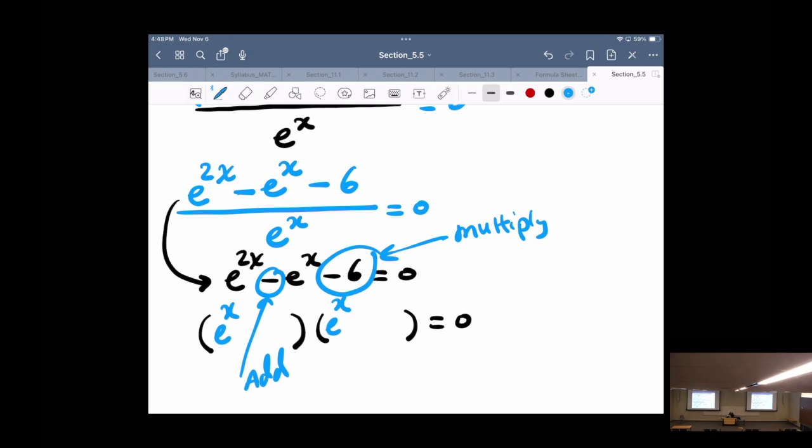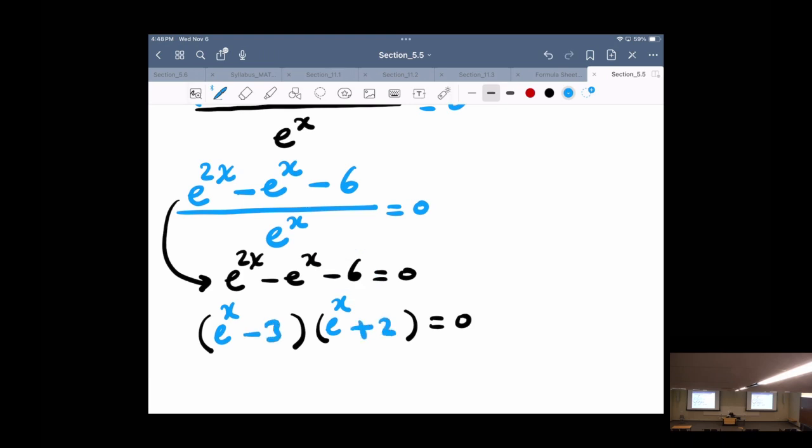So what two numbers do you know that multiply to negative 6 and add up to give you negative 1? Negative 3 and 2, right? If you said negative 3 and 2, you're 100% correct. So I'm going to put negative 3 here and plus 2 here. And surely that's the correct factorization.